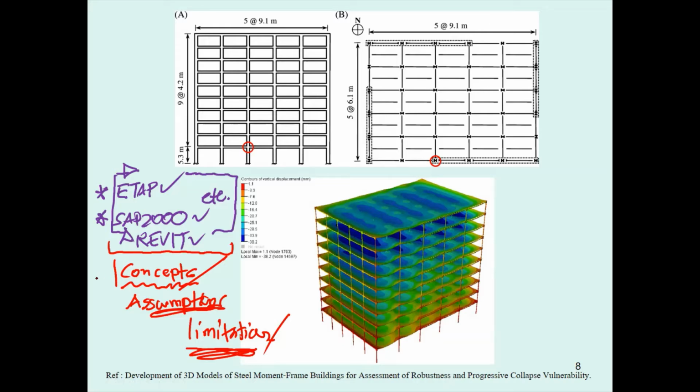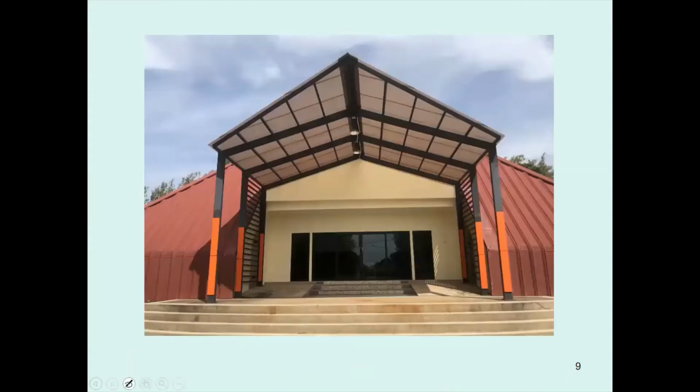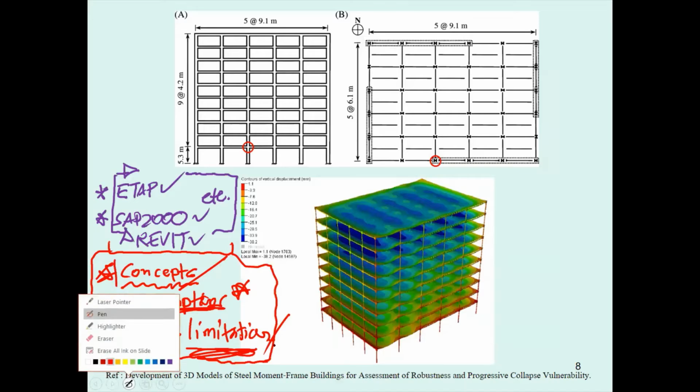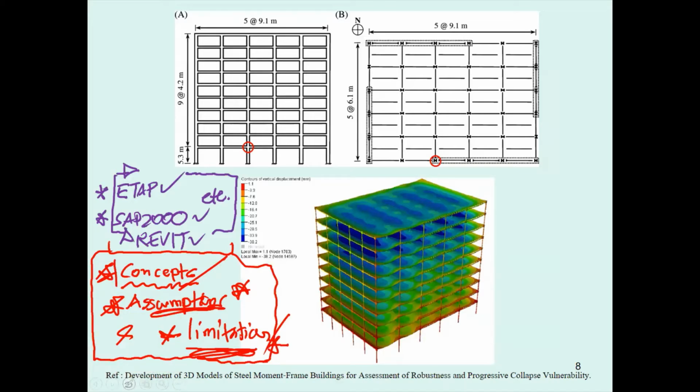The concept of structural analysis, the assumptions, the limitations are always important, because no matter if you change the program, all of the things are still the same. And based upon this, it requires you to develop the skill and also what we call knowledge, which is required to develop your skill and also your aptitude to be a good engineer.